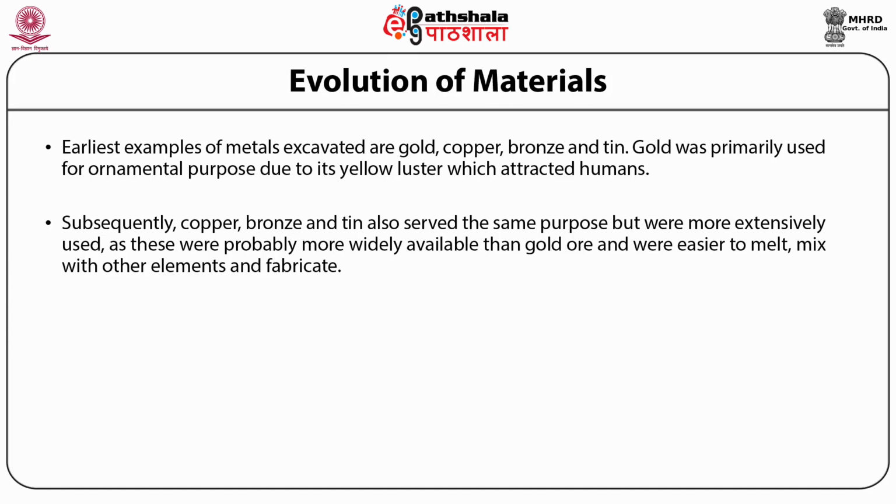Subsequently, copper, bronze, and tin also served the same purpose but were more extensively used as these were probably more widely available than gold ore and were easier to melt, mix with other elements, and fabricate. Presence of jewelry and other artifacts of these suggested that the primary use of these metals was for decorative purposes. These metals could also have been used for making tools for agriculture in the Bronze Age.